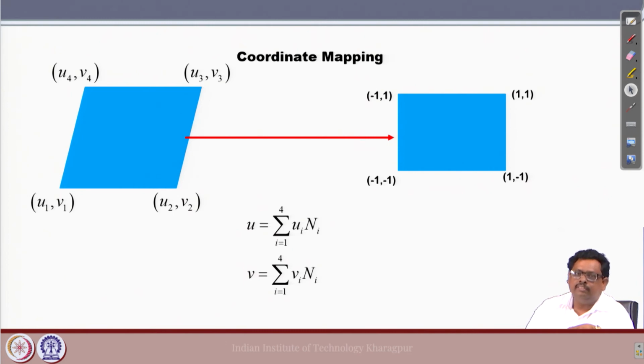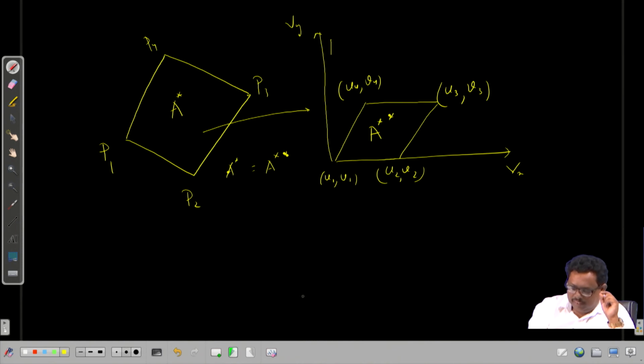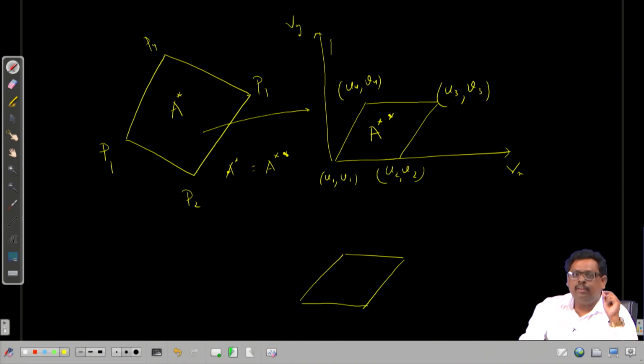Now, what are those shape functions, and what is the property of these shape functions? The property is that at its own node the shape function takes the value 1, and at the other 3 points the value becomes 0. Let us say for N1: let us take this is node 1, node 2, this is node 3 and node 4.